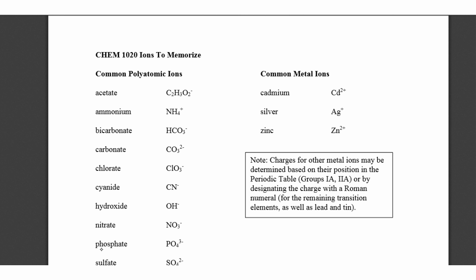No, because you look at sulfite, it is SO3. But you compare the formulas. How does the ITE suffix compare to the ATE suffix? Always has one less. So if you memorize the sulfate as SO4 with the 2 negative charge, then the sulfite is SO3 with a 2 negative charge.